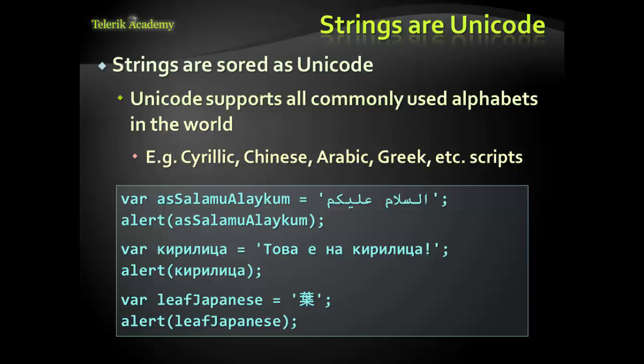Of course, just like any other modern programming language, JavaScript works with Unicode, so you can store strings in any format, in any language, with any symbols. And as you can see here, you can also make your variables Unicode.